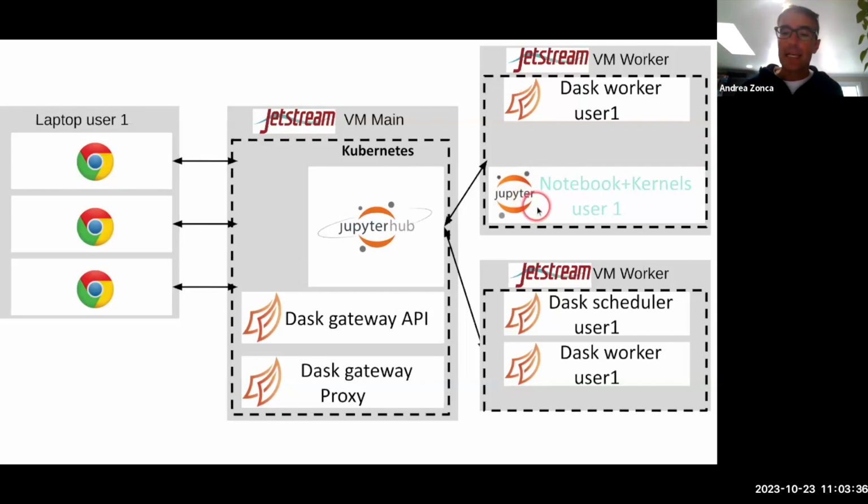A Dask cluster is composed of two different things. One is the Dask scheduler. The Dask scheduler is a service which interacts with your notebook and coordinates all of your jobs. From the notebook you connect to the scheduler, and then the scheduler itself tells the workers what to do.